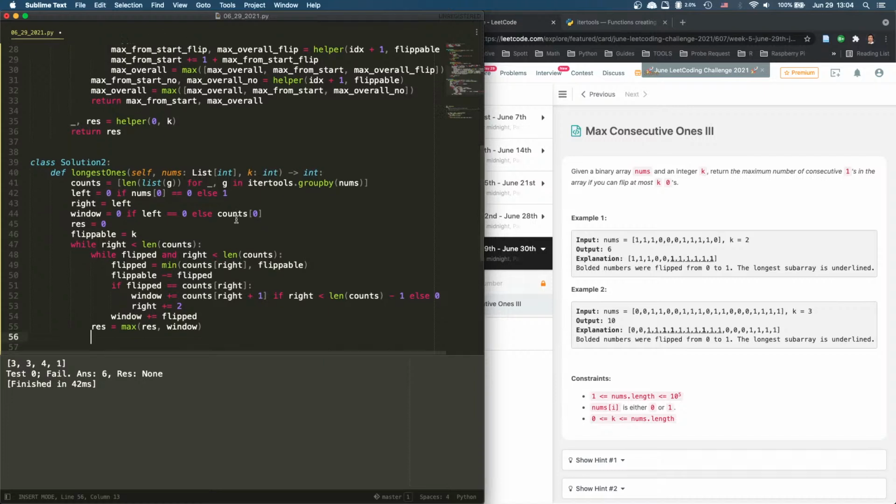And then we need to have the left. How do we know how many is on the left? We don't know how many is on the left. So we need to reduce the number on the left.